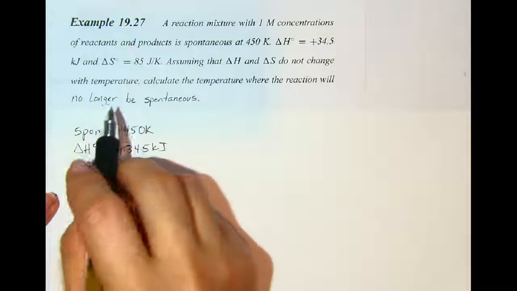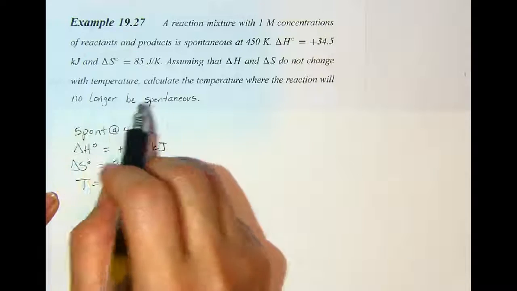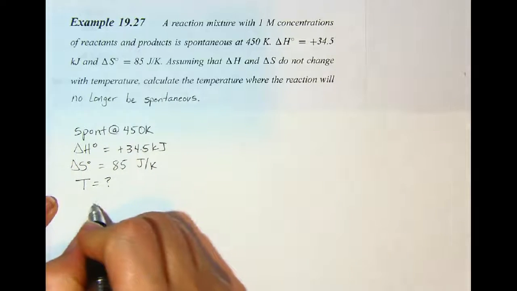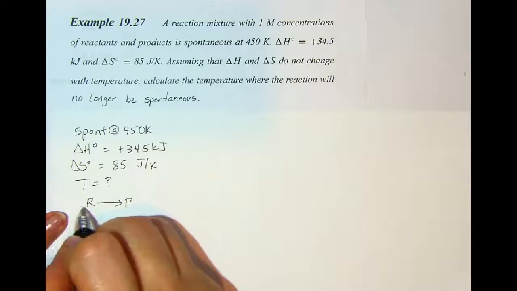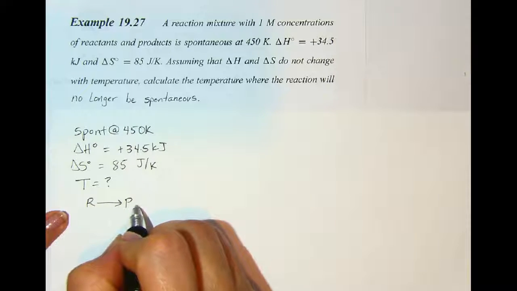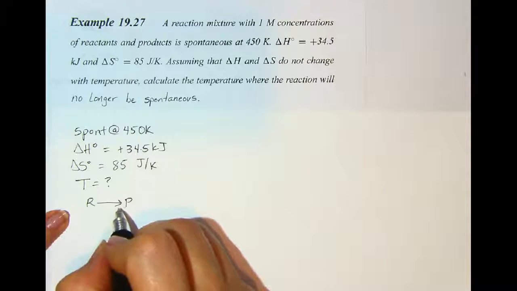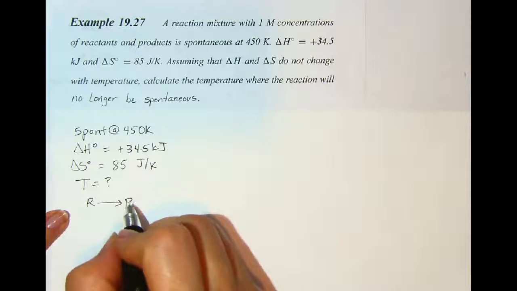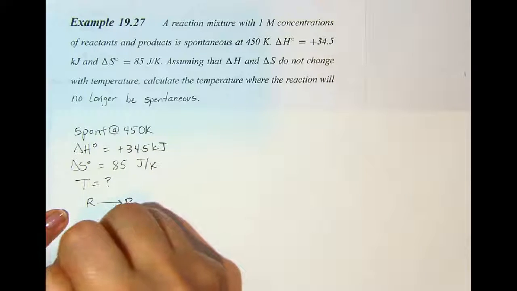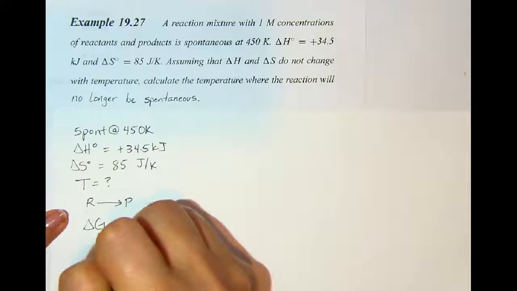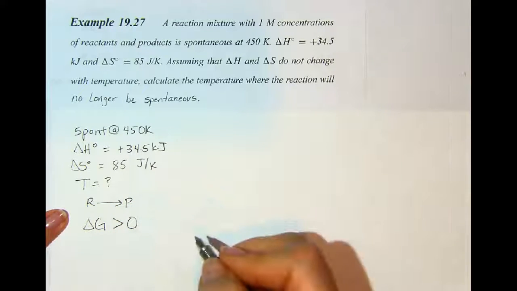However, you need to consider the temperature when it's no longer spontaneous. And remember, we're kind of thinking in the forward direction. So if it were spontaneous in the forward direction, you would have a delta G that is negative in value. However, we want to know when will it no longer be spontaneous in the forward direction, and so that would mean we would want to know when will it have a delta G that has a positive value or is greater than 0.